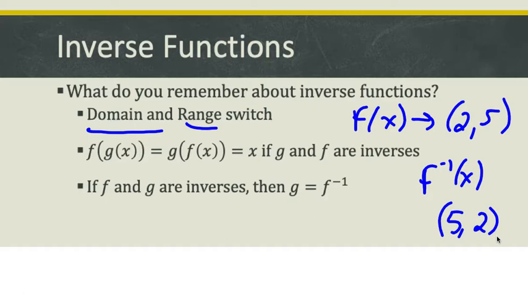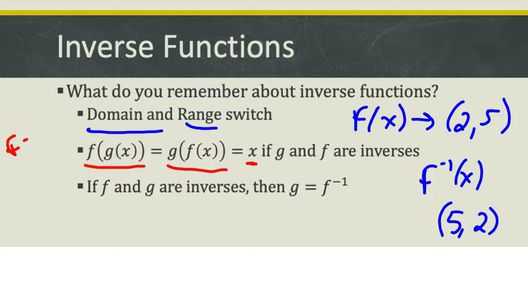And then in pre-calc, you should have talked about this concept that if we do function composition, meaning if f and g are inverses of each other, when we take the g of x function and plug it into f, or we take the f of x function and plug it into g, we should end up with x. Okay, that's kind of how we know if two functions are inverses of each other. So like x squared and square root of x.